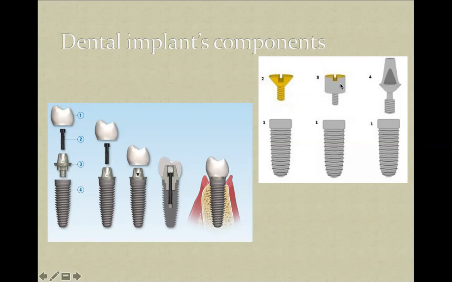And we're going to use the healing caps on the second surgical step in order to form the gingiva around the dental implant and make it more or less similar to what we have with normal teeth. Okay.